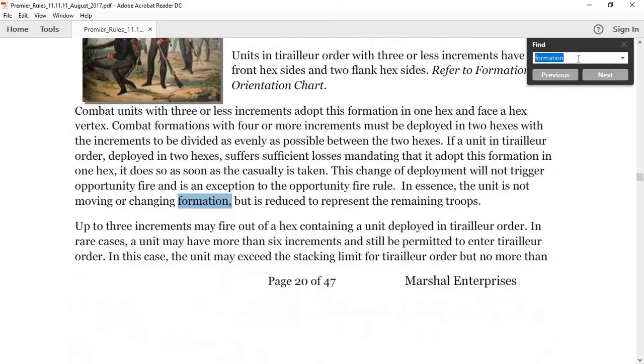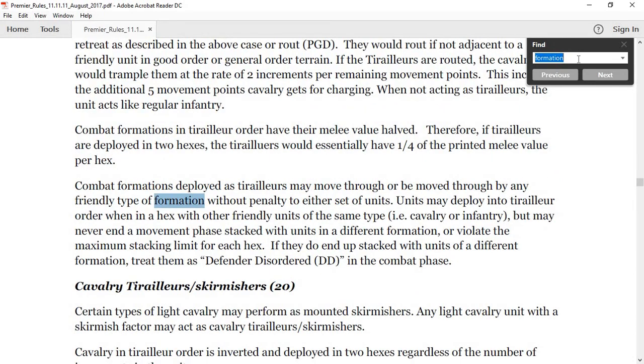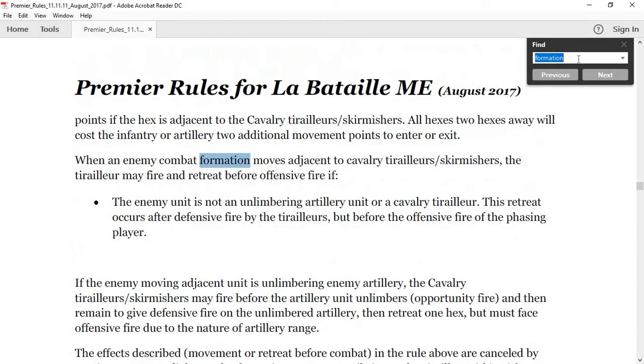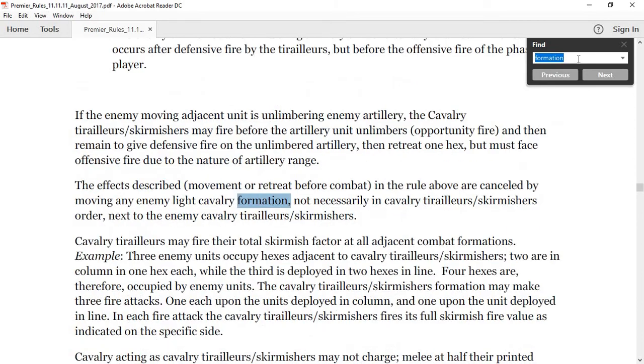Okay. Yeah, we've already gone over a lot with respect to skirmishers. Okay. It's a lot about formations. In a sense, you could say the design is fundamentally about formation and, as they say, orientation.